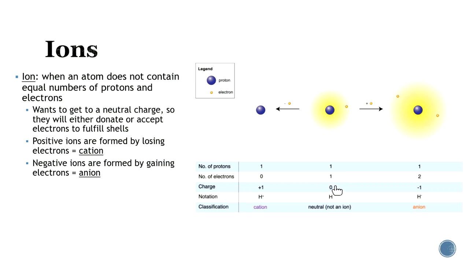Now, if it gives away its electrons, remember, electrons have a negative charge. When that happens, its charge is going to go positive, and that's going to be a cation. Now, if it takes electrons, your overall charge is going from 0 to negative because you're gaining more negative electrons, and this is called an anion.